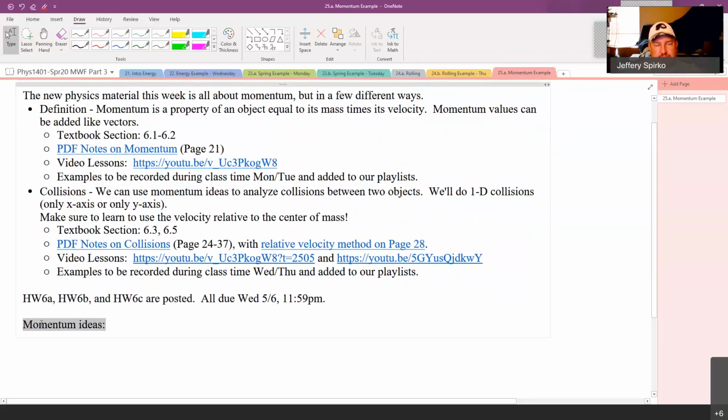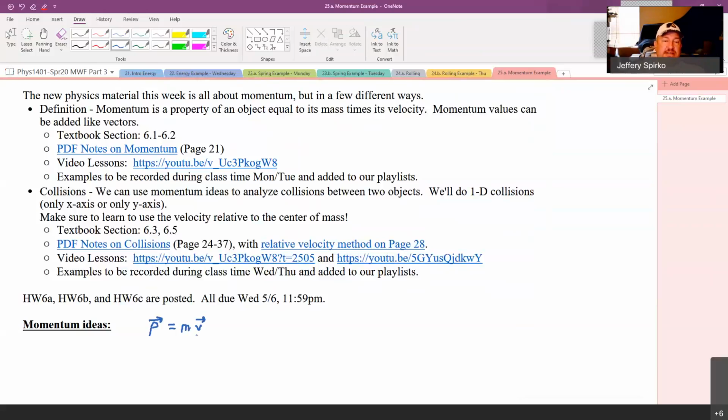And let me first say what our basic momentum ideas are. First of all, momentum is a variable p, which is equal to an object's mass times its velocity. And all of these things, the momentum, the mass, and the velocity, are all properties of an object.